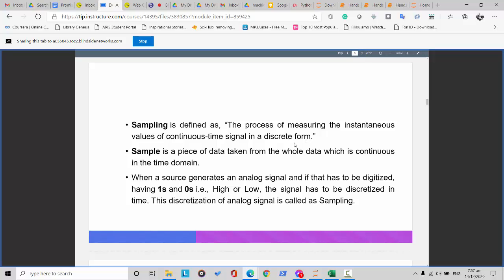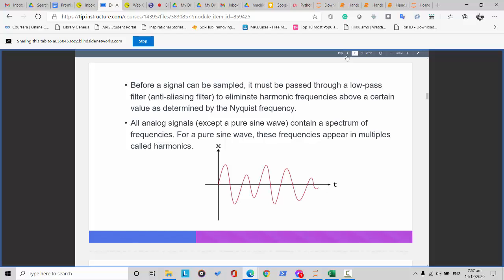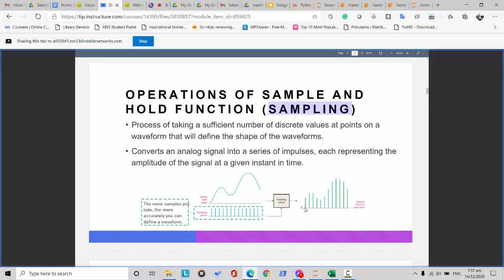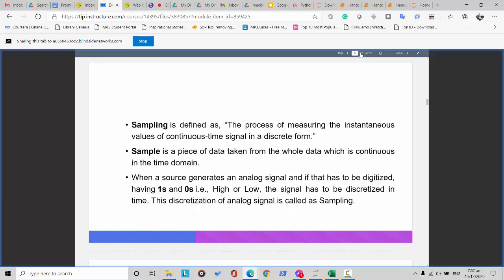And a sample is a piece of data taken from the whole data which is continuous in the time domain, as in the example here. So the analog signal was converted into a series of impulses represented by the amplitude.